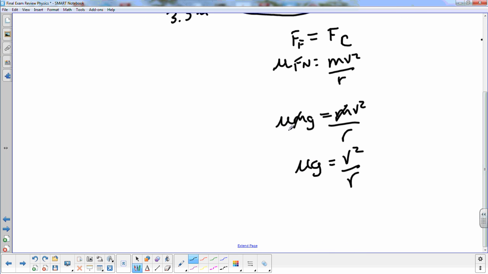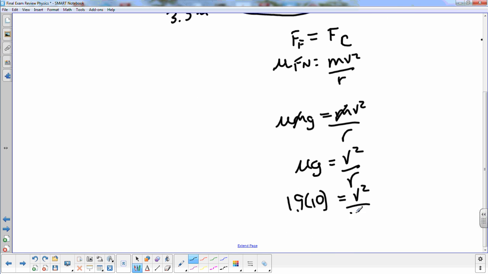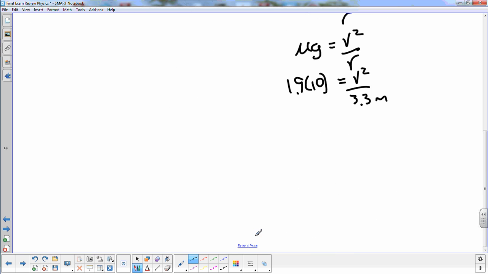Multiply both sides by 3.3. We're looking at v squared equals 62.7. Square root.